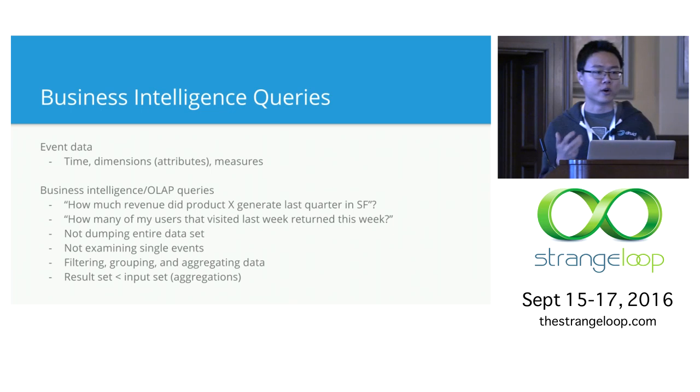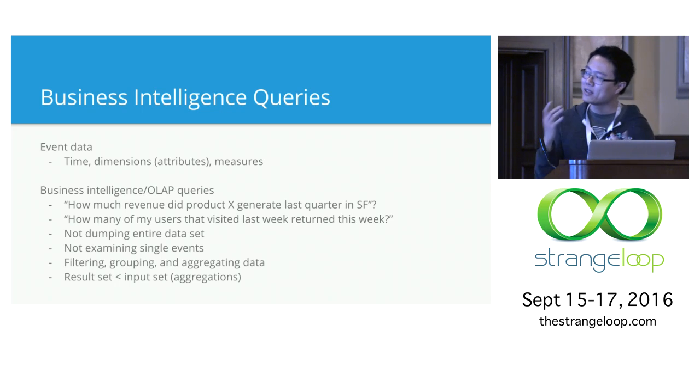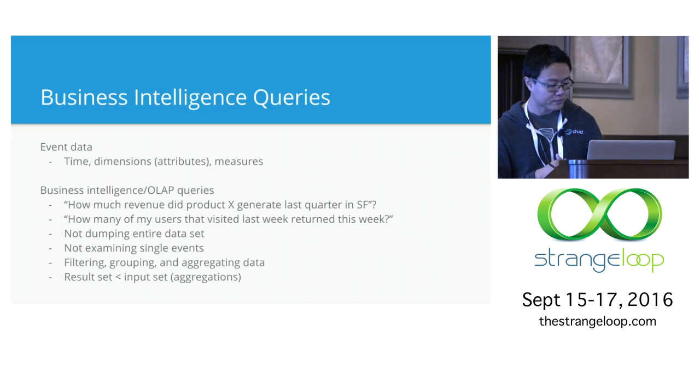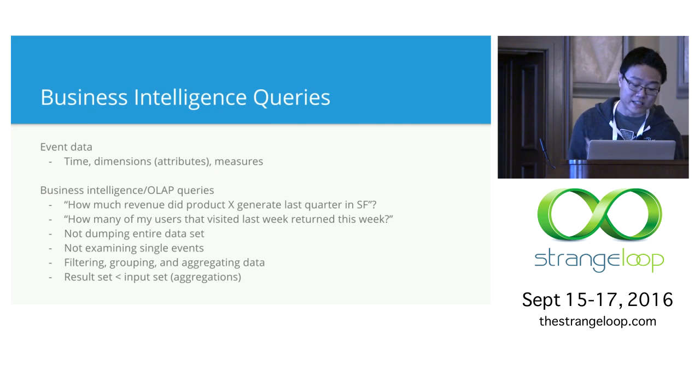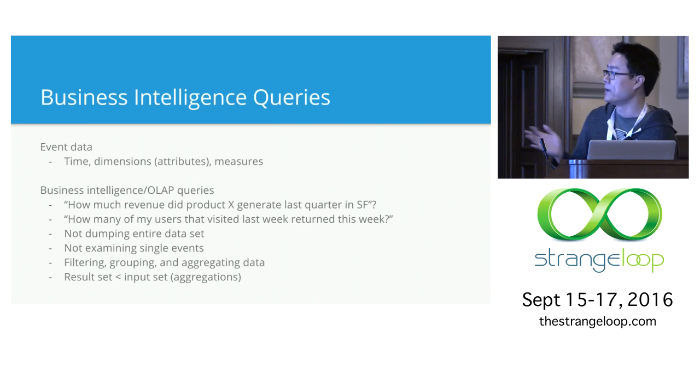So the types of queries that Druid is designed to solve, and the types of queries that I just showcased in that demo, are broadly categorized as business intelligence or OLAP queries. Examples of these queries might include: how much revenue did my product generate last quarter in some particular city?